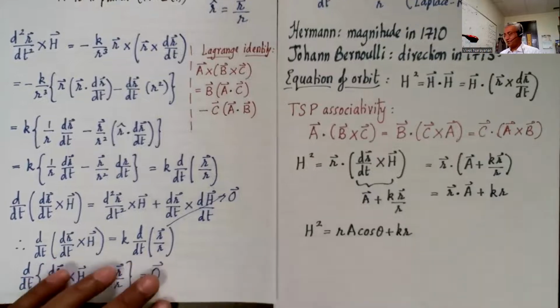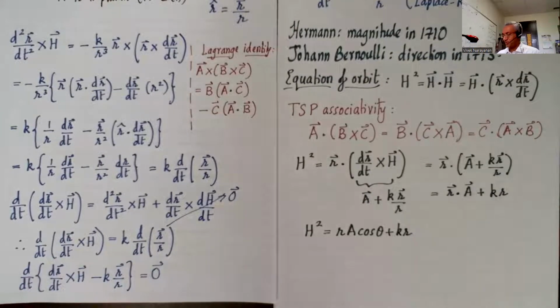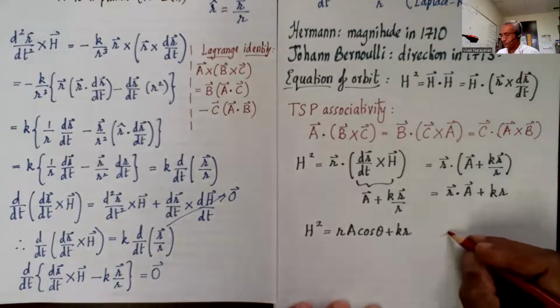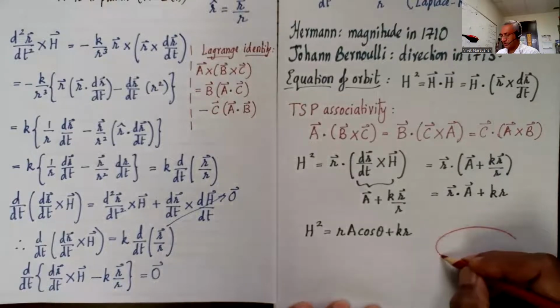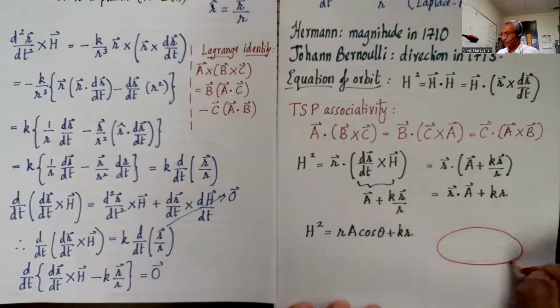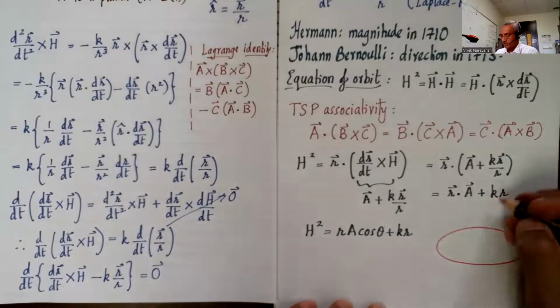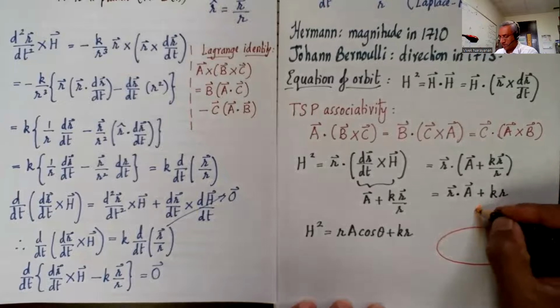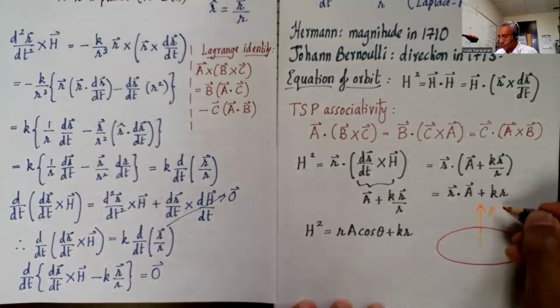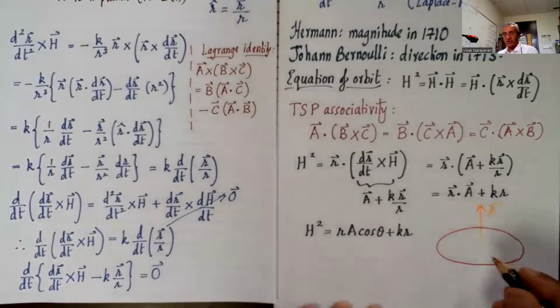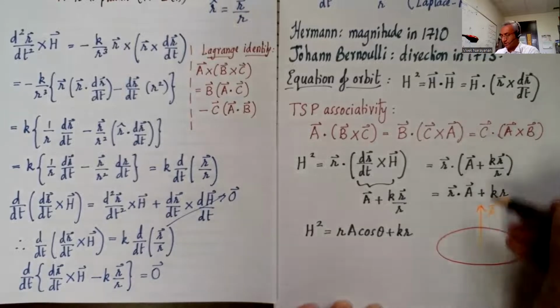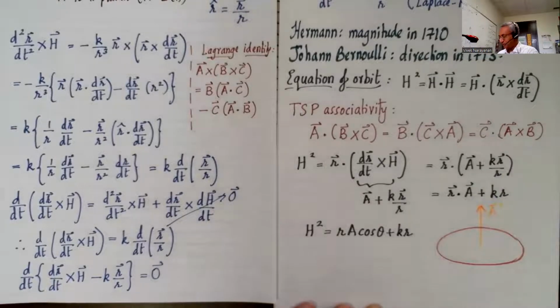So here we have an interesting geometrical interpretation pop up. Let's continue drawing our orbital plane. This is our area vector A prime, and sadly I can't draw the Hermann vector because it's twice the size of the area vector and it'll get too big, so I won't draw it.